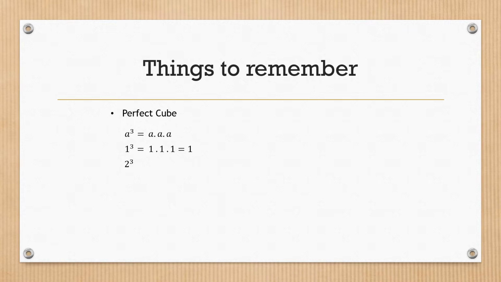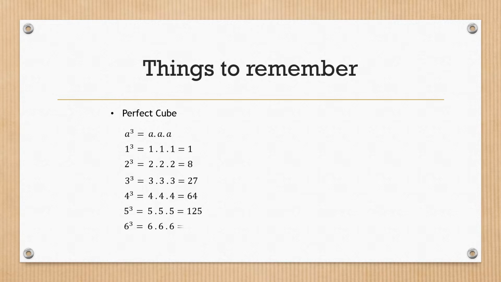Next, 2 raised to the power of 3, or 2 cubed, is 2 times 2 times 2, which is 8. 3 cubed is 3 times 3 times 3, which is 27. 4 times 4 times 4 is 64. 5 cubed is 125. 6 cubed is 216. 7 cubed is 343.